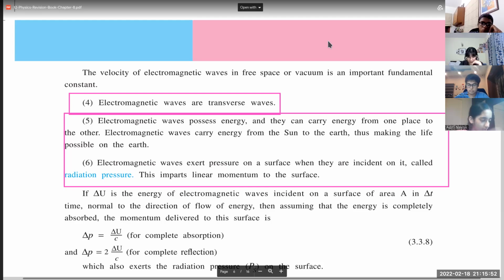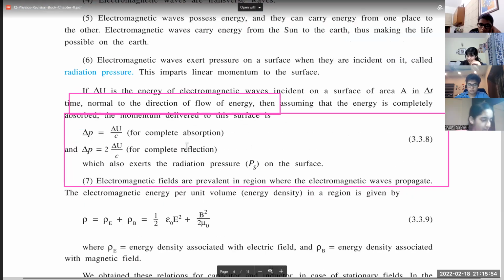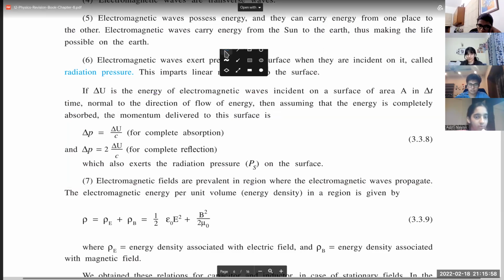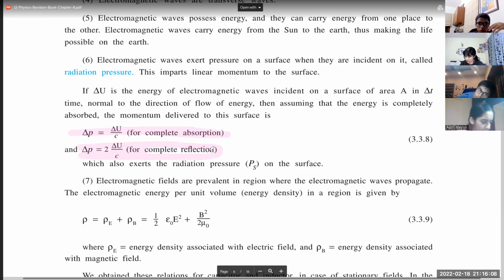Next is radiation pressure. Write about radiation pressure, these three lines. Delta P is 2 delta U by C. Delta U is the energy of the EM waves transferred, and P is the momentum transferred to the wall.